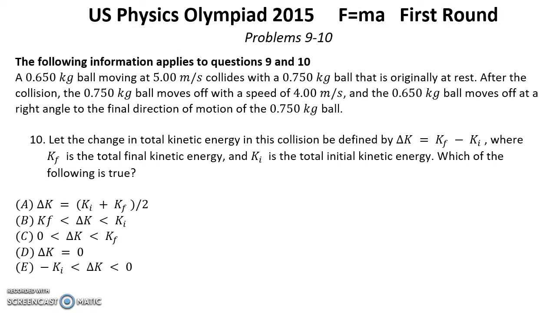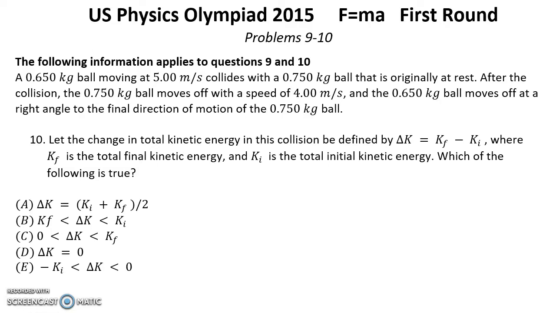Solution. First of all, without calculations, we can tell that this collision is not perfectly elastic, because only in the case of two equal masses can the angle between the final momentums be 90 degrees, but our balls have different masses, so it's not a perfectly elastic collision.